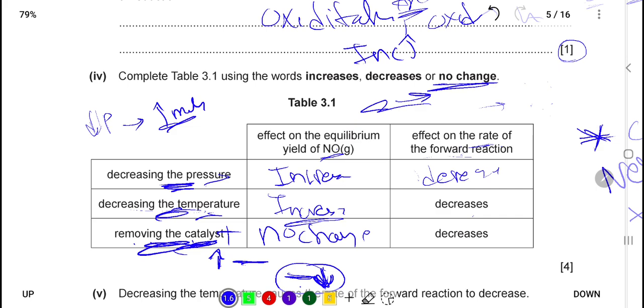Removing the catalyst makes the rate of reaction slower, so it's decreasing for sure. But equilibrium and rate are different. For rate, you use your general knowledge from physics to know what happens if it decreases or increases. Equilibrium is where the position shifts.